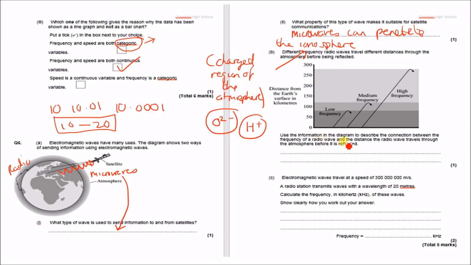Right, use information in a diagram to describe the connection between the frequency of a radio wave and the distance the radio wave travels through the atmosphere. Well, at low frequencies, they have not traveled very far and then they become reflected. At medium frequency, they've traveled up to about 120 kilometers from the surface and been reflected. At very high frequencies, we've got up to about 280 kilometers. So what's the relationship?